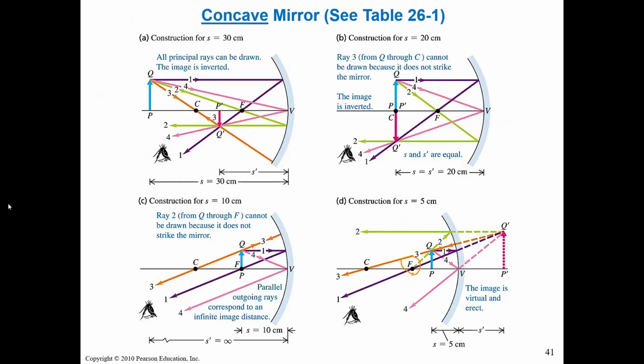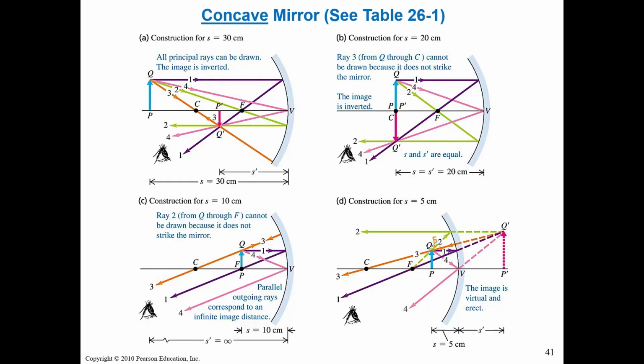If you put the object inside the focal point, you can do this ray tracing again with the P ray. This is the number 1 ray. The P ray is parallel to the principal axis. It gets reflected. The reflected light goes through the focal point, right? This is a purple line here. We can extend the reflected light, and it will go through the point Q prime. And the second ray that you care about is the F ray, number 2.